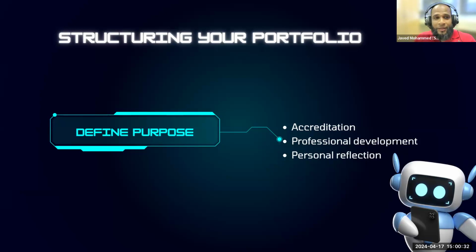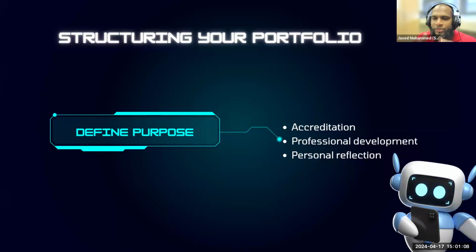So, for example, if it's intended for accreditation purposes, you might want to focus on showcasing evidence that aligns with the specific accreditation criteria. If it's for professional development, you might want to emphasize things like your growth, learning, continuous improvement. And in doing so, you want to include artifacts that would demonstrate that. So Dr. Hill spoke about evidence, right?